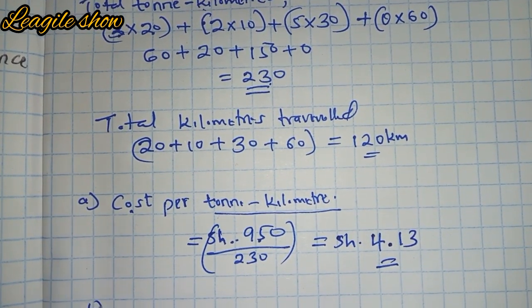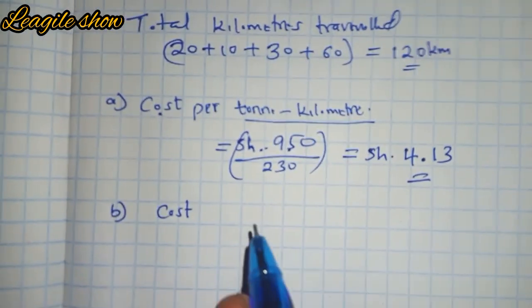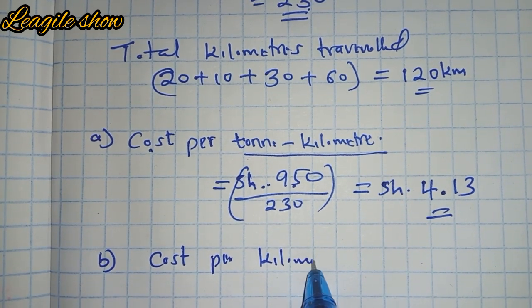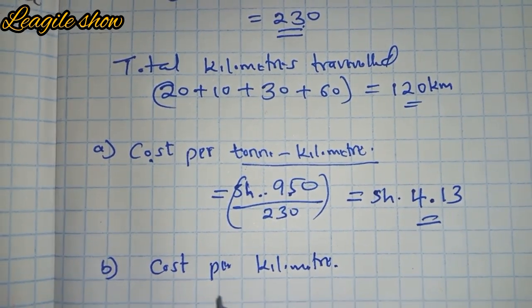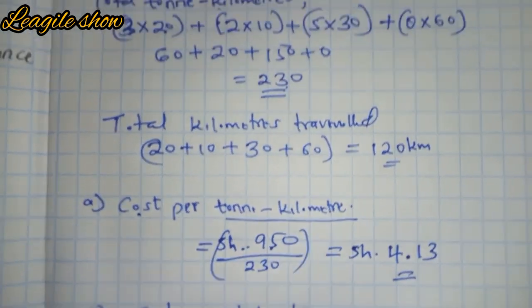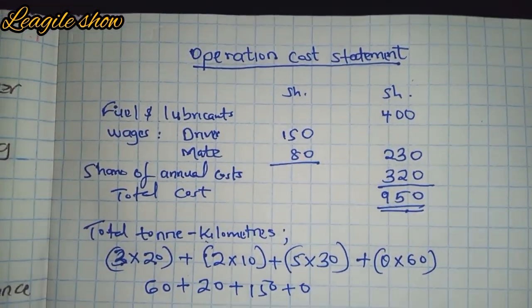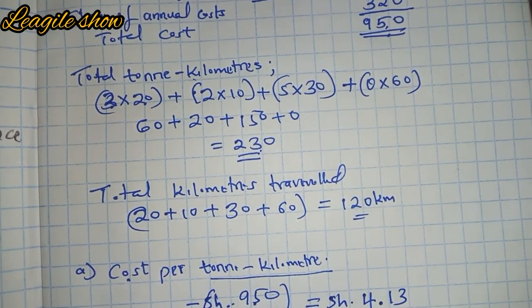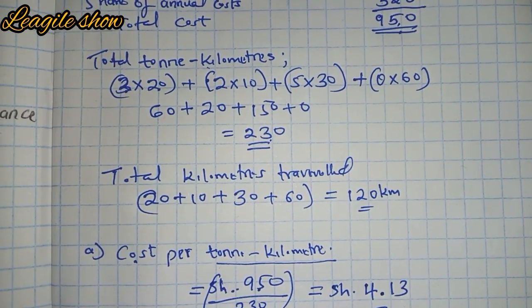Let us check the second one, which was cost per kilometer. Cost per kilometer will still be given by the total cost, which we calculated above, 950, over the total kilometers traveled.